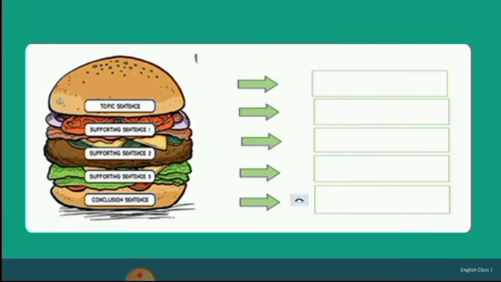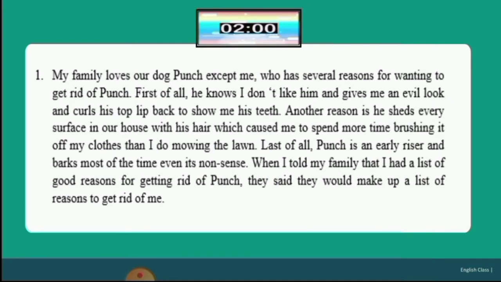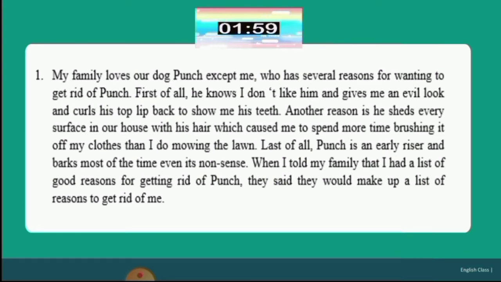So class, at the very beginning, we have discussed how to prepare a burger. So I am hoping that this will be very easy for you to answer this activity. Okay, let's have the first one. Let's start. I'll give you 2 minutes to answer this.